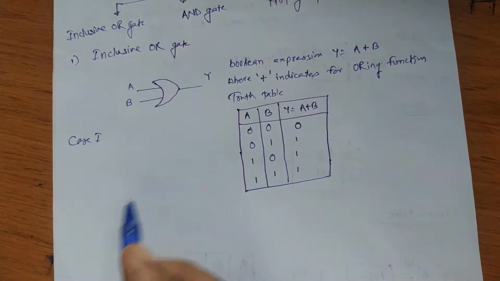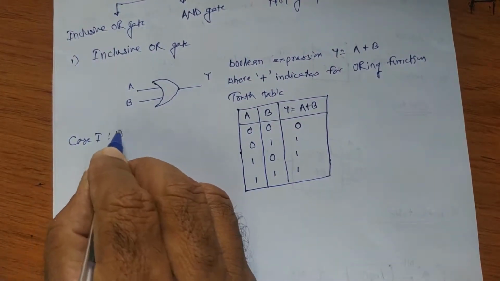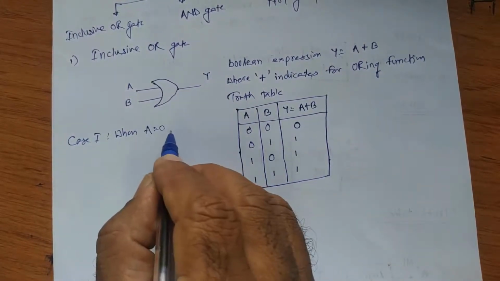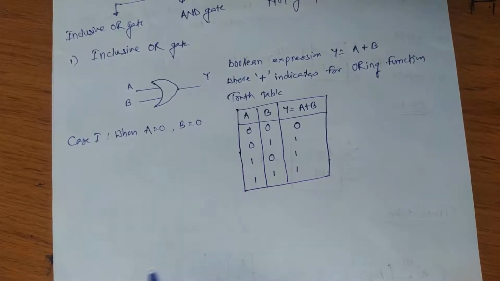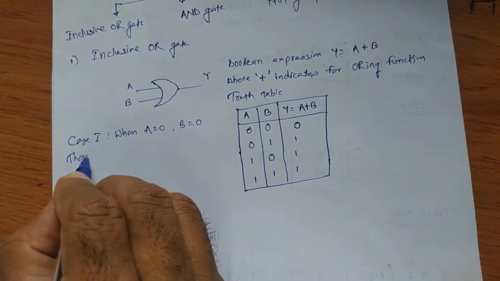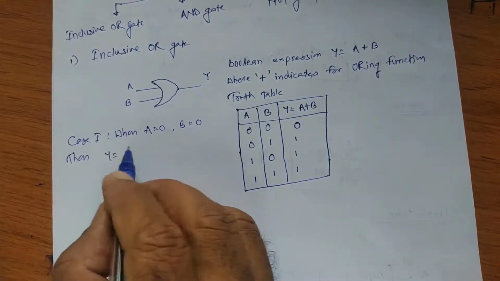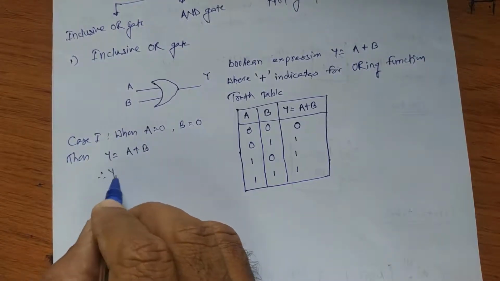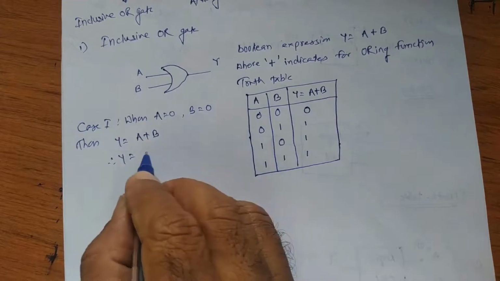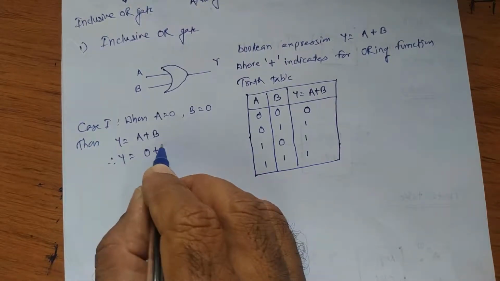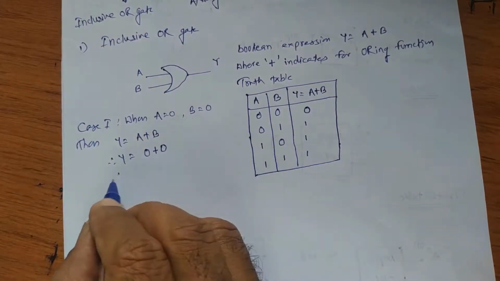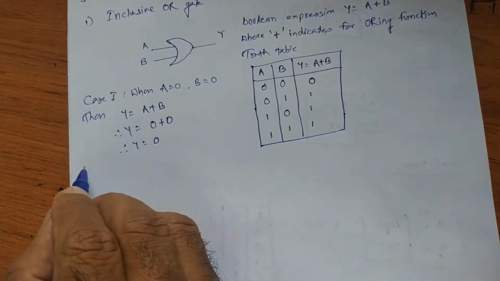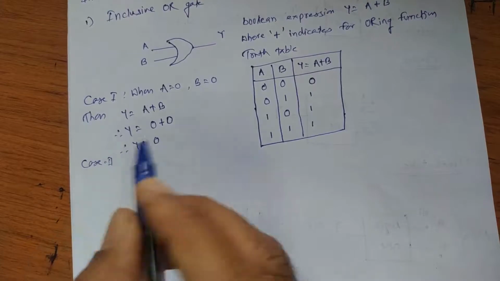Case first. When A is equal to 0 and B is equal to 0, then Y is equal to A plus B. Therefore Y is equal to 0 or 0, Y is equal to 0. Case second.